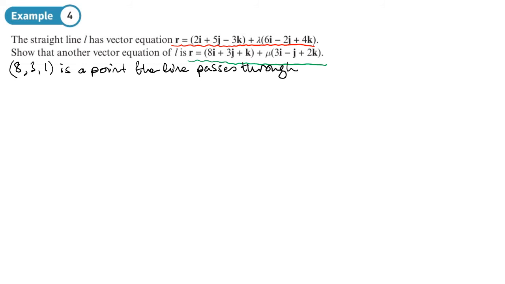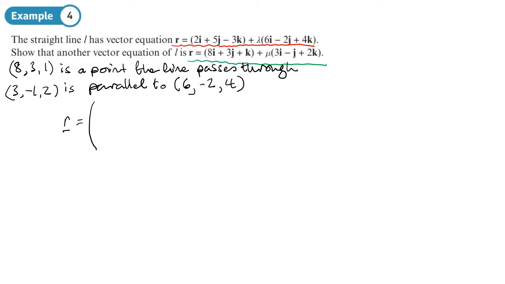And also what we need to show is that (3, negative 1, 2) is parallel to (6, negative 2, 4). Okay, so we'll do both. So if we take the first equation, let's see if we can show that it passes through the point (8, 3, 1).